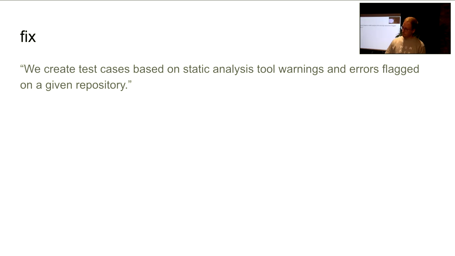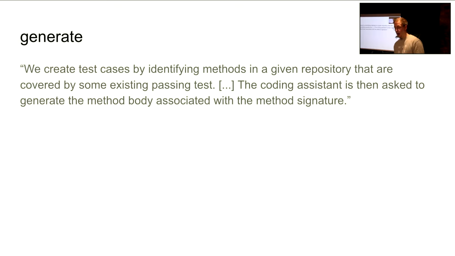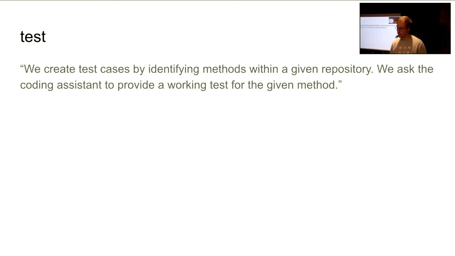For fixes, they could run analysis tools for warnings and errors on those public repositories and then generate their dataset from those. For generate, again, going through the public repositories, finding places to add new functionality. Same with tests.